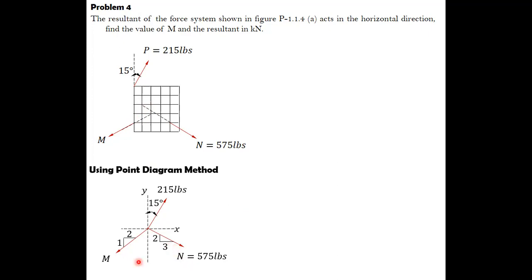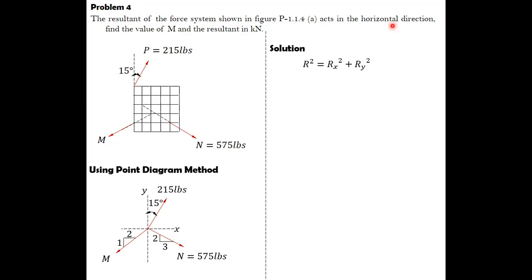Okay, so let's proceed to analyze how we can get the magnitude of force M and at the same time the magnitude of the resultant force. Remember that this is the equation we need to use to compute the resultant force. In this case, the direction of the resultant force is specified as horizontal.